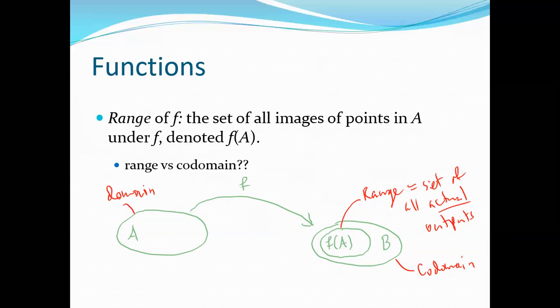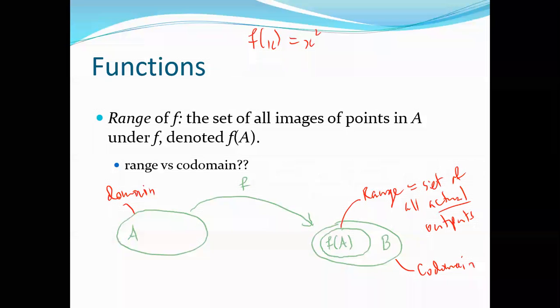Okay, so once again, F of X equal to X squared. This is a function from the real numbers to the real numbers. So this guy is the domain. This guy is the codomain. But what is the range?